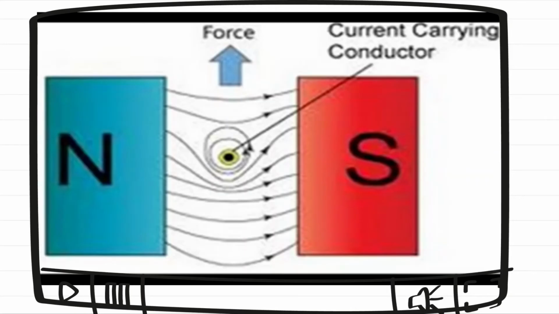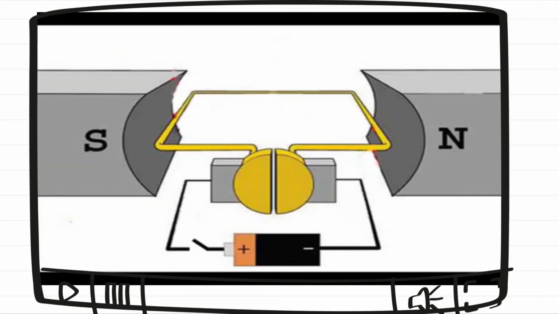We know that when a current-carrying conductor is placed inside a magnetic field, it experiences mechanical force towards a particular direction. Let's take a simple elementary model of a DC motor. In this model, one single turn of conductor is placed between two opposite poles, that is North Pole and South Pole, as shown here.